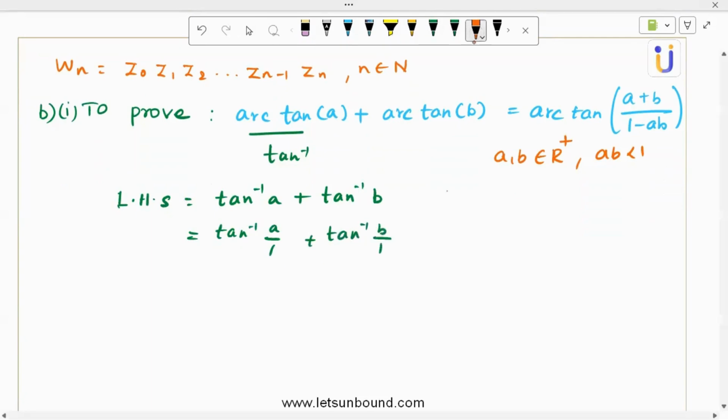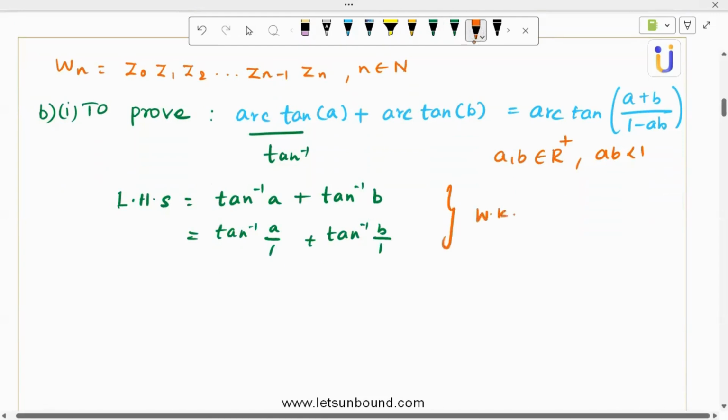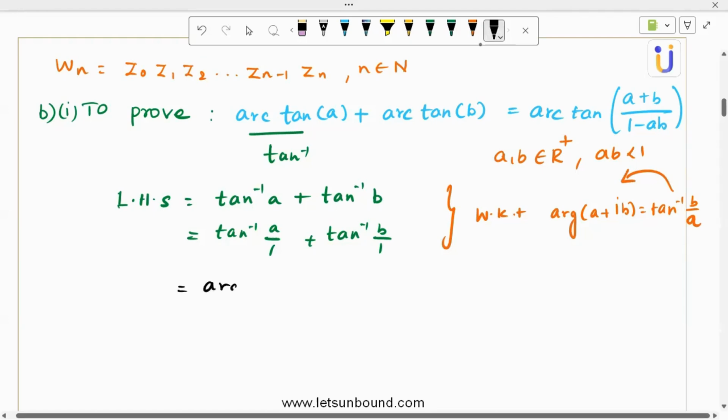We know that argument of a plus ib can be written as tan inverse b by a. So tan inverse a by 1, in a reverse way, can be written as argument of a complex number in the form a plus 1i, which is just a plus i. And the other can be written as argument of b plus i.